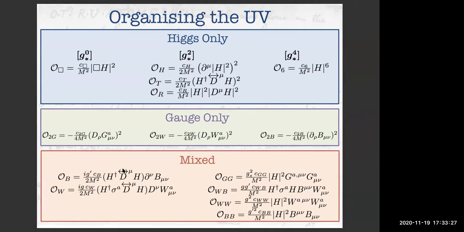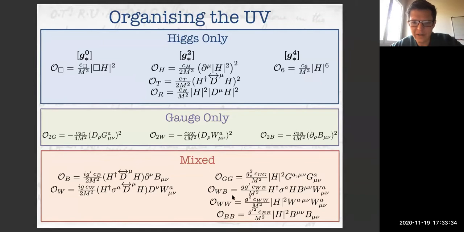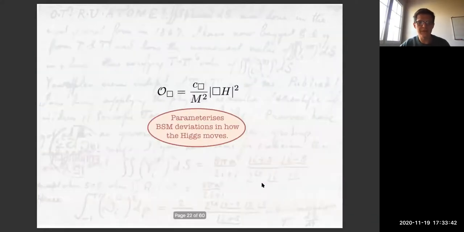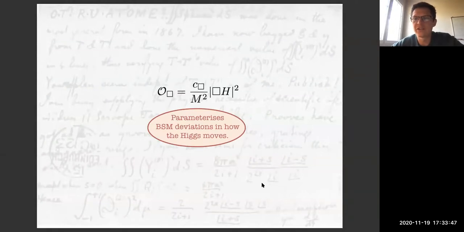And those are then G squared. On the right, for the mixed ones, I've put the coupling dimension explicitly in. Yeah, right, there's G strong. Okay, thanks. And this operator here is the one that parameterizes deviations in how the Higgs moves.